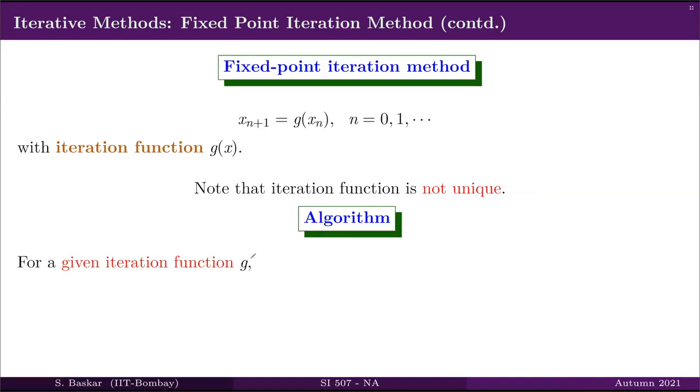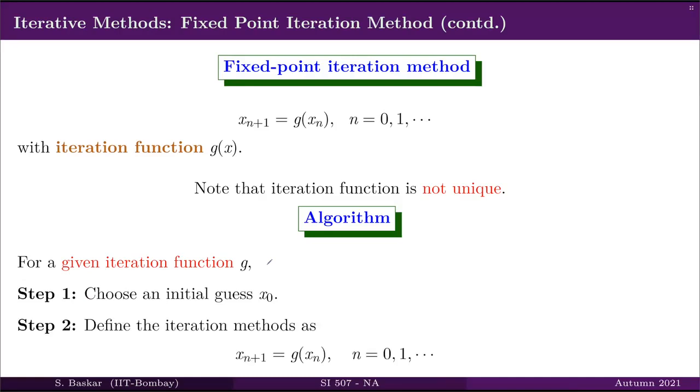The first step is to decide what g you want to take, that is, the iterative function that you want to use to generate your iterative sequence, and also you have to choose an initial guess x naught. So the inputs of this method are the iterative function and an initial guess.